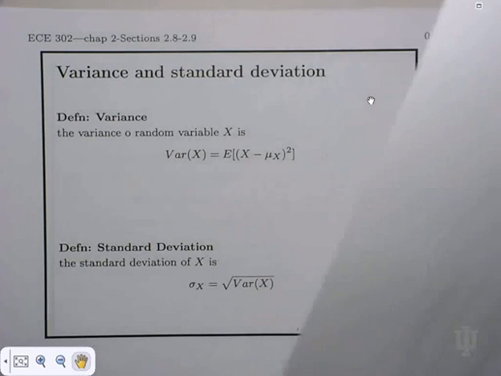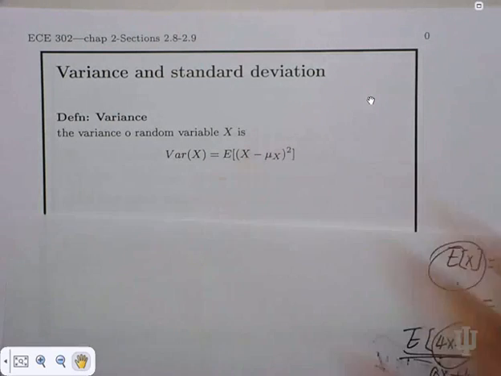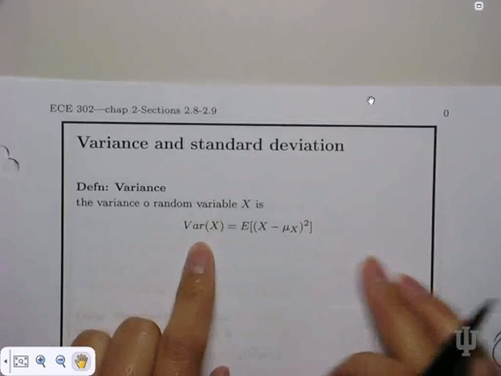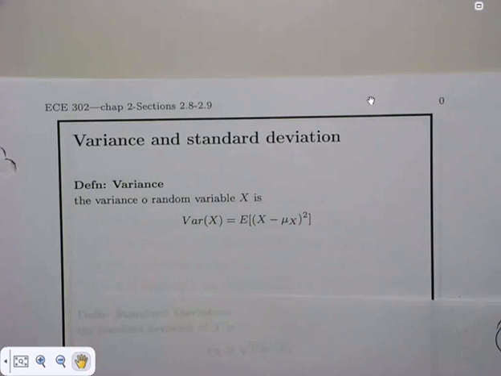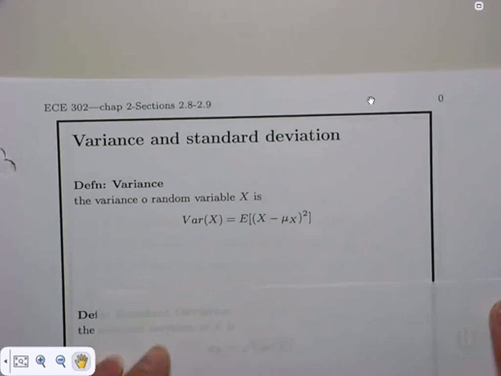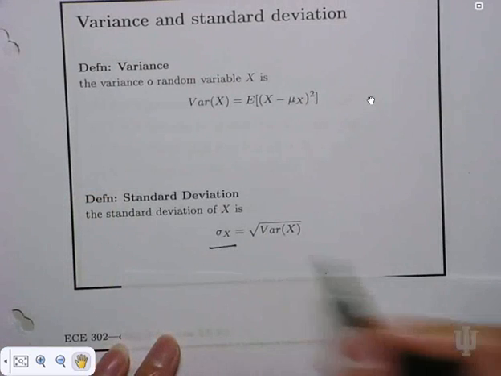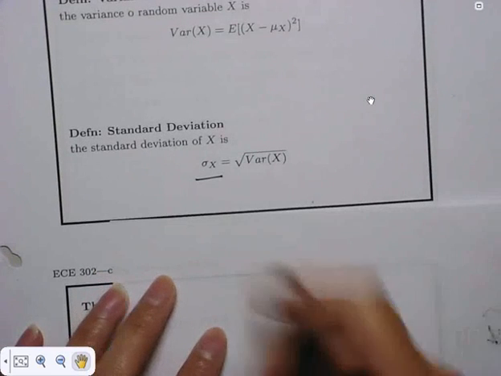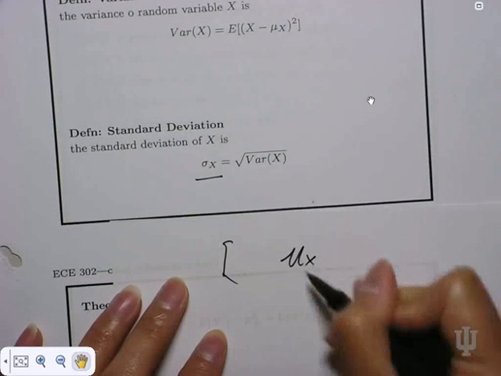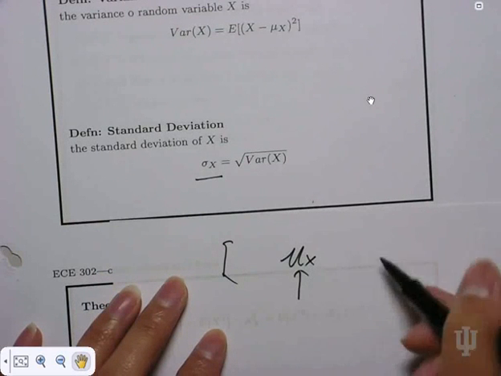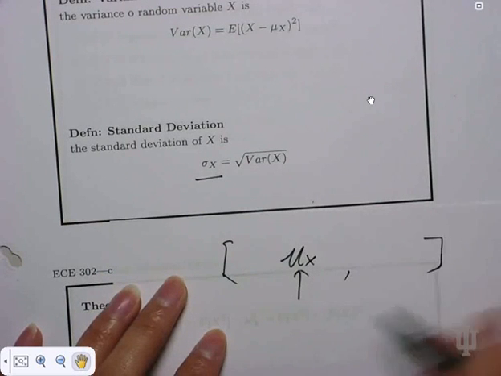So now you care how much you differ from the expected value. If this value is very big, that means your sample space has very big variance, that they're very different from each other. Some are very low, some are very high, right? If this is very small, it means it's a very smooth sample space, right? And usually, this standard deviation is very popularly used. We treat this mu x, the expected value, as the center line.